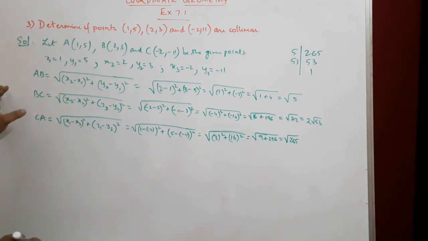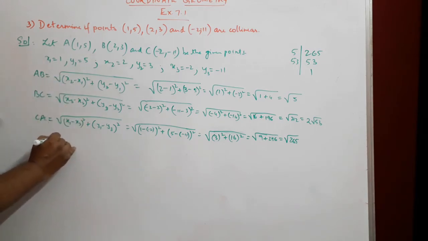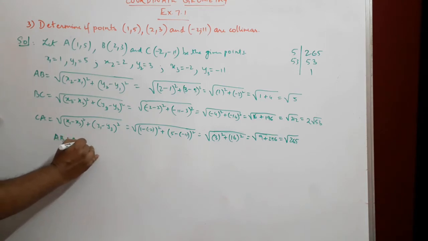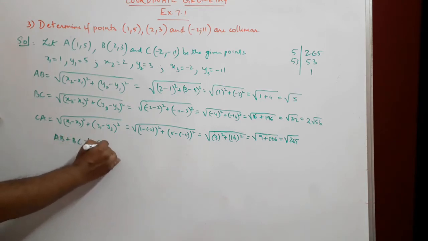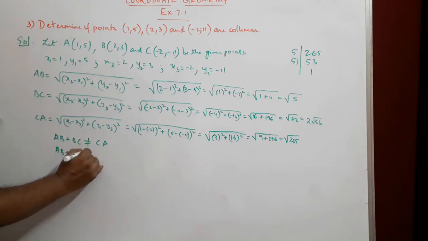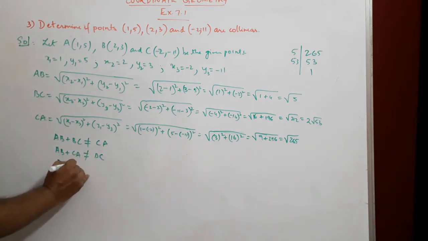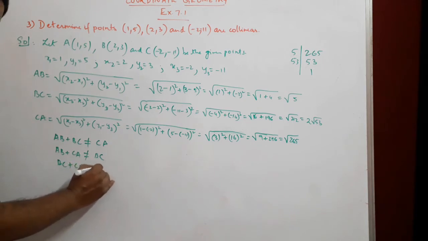So clearly, if you have a look, whatever combinations we may take, we are not going to get this collinear, but we need to show it or write it down, put it down on the paper. So we can say AB plus BC is not equal to CA, or AB plus CA is not equal to BC, or BC plus CA is not equal to AB.